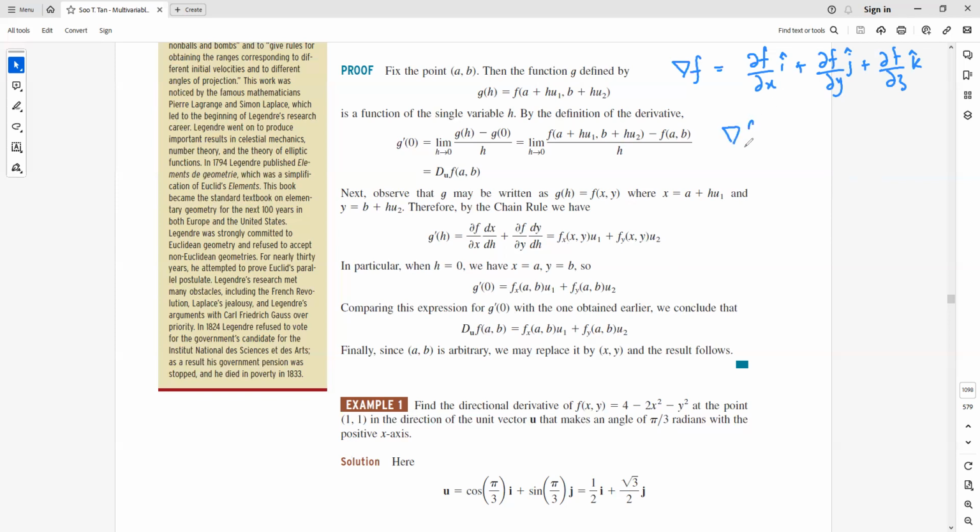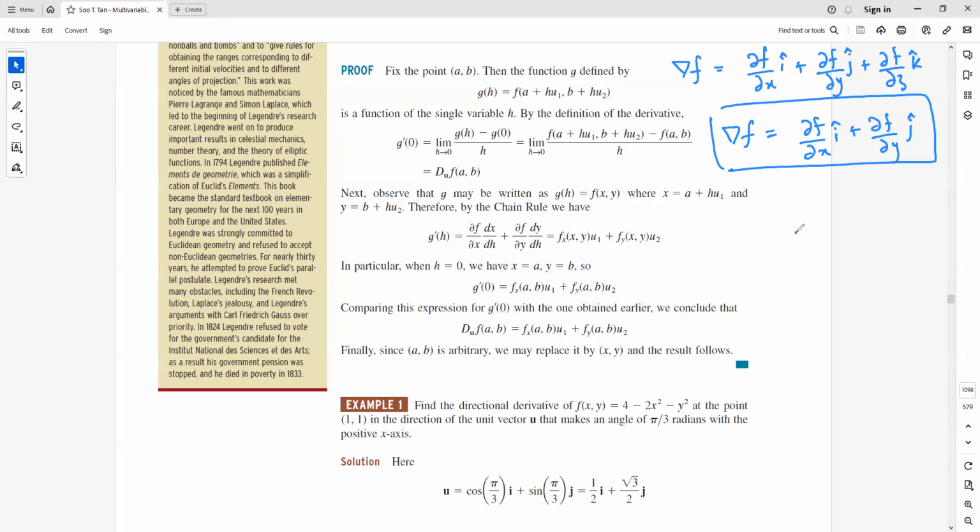But if we have a function of two variables only, then partial f over partial x i plus partial f over partial y j gives the gradient of the function. So the gradient is just a vector. It is a vector that points perpendicular to the tangent plane at some point.